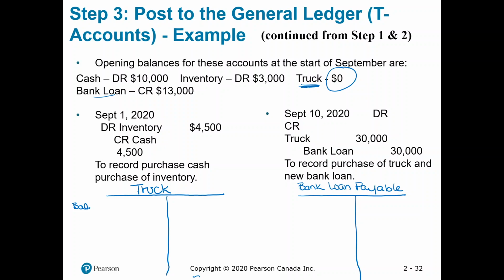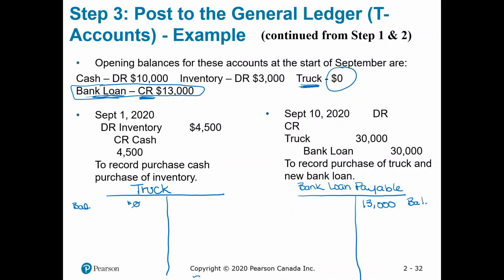Remember, truck is an asset. To increase an asset, you would debit it, which also means that is the normal balance. So our normal balance for a truck would be zero. Put that there. For the bank loan payable, our opening balance was a credit of $13,000. And a bank loan payable is a liability, and the normal balance is a credit. So it makes sense that we're starting with that $13,000. Again, it's our opening balance.